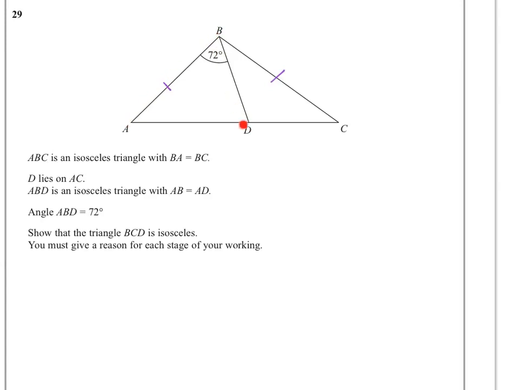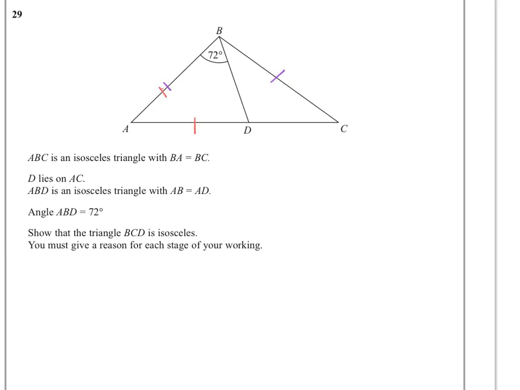So ABD is an isosceles triangle with AB equal to AD. So we can also put this on here and this on here. It says angle ABD is 72 degrees, and you've got to show that triangle BCD here is an isosceles triangle.